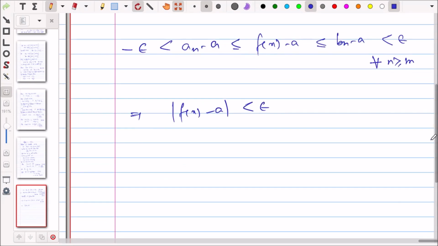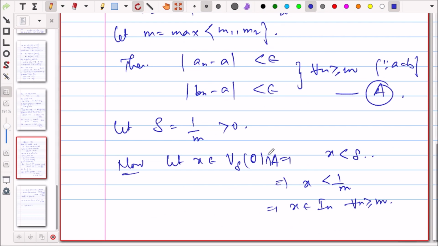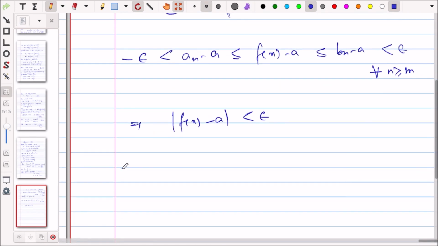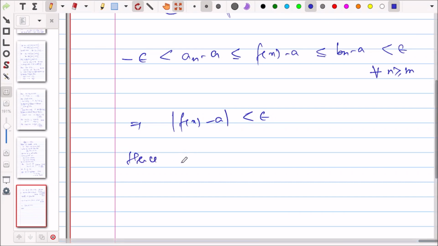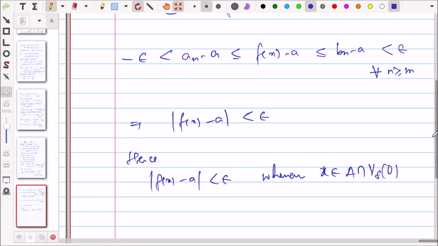Hence, because we started with any x in V delta 0 intersection A, fx minus a is less than epsilon whenever x belongs to A intersection V delta 0. And what does this mean?